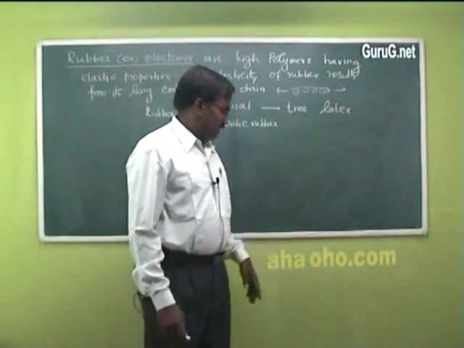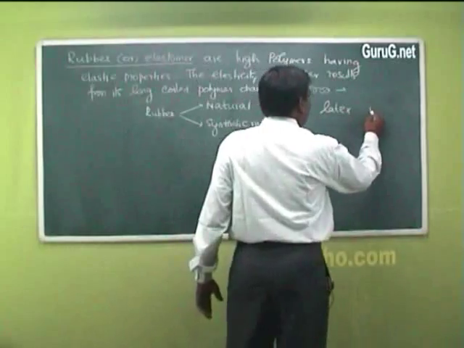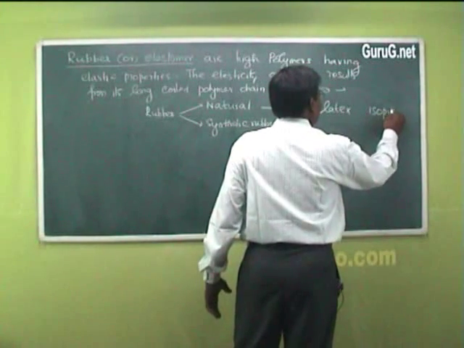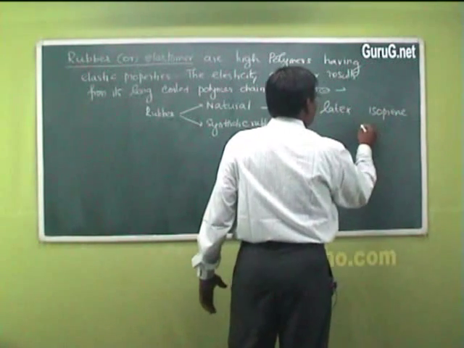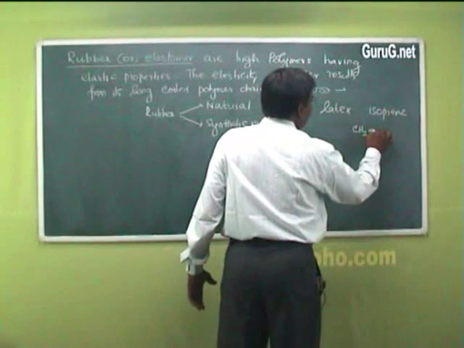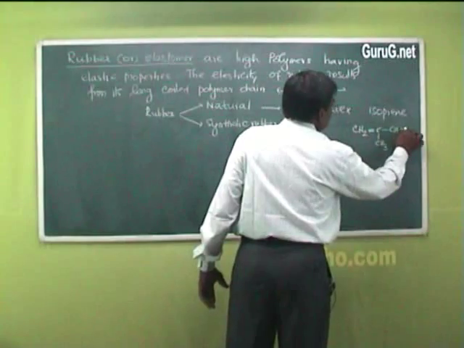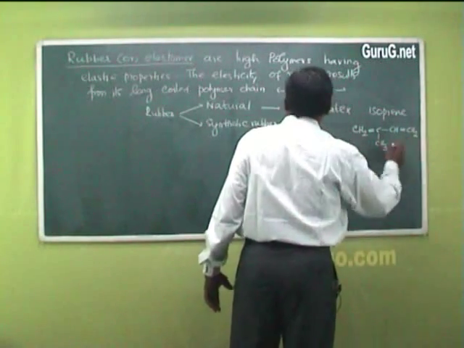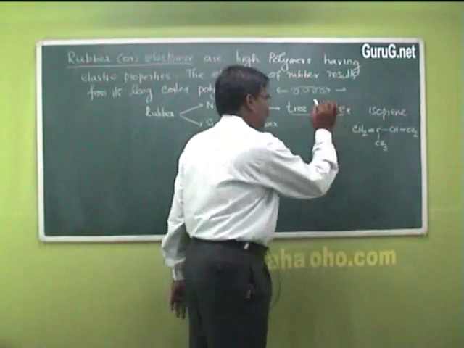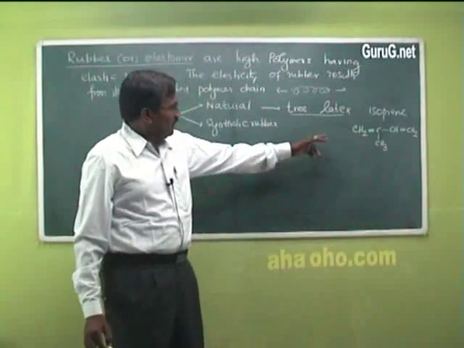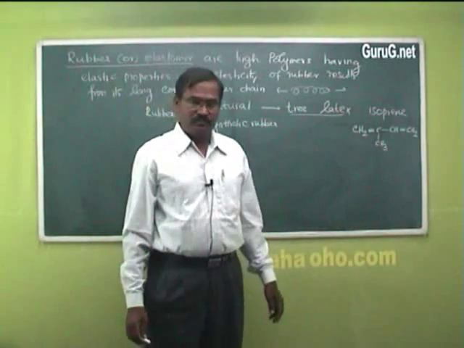The latex has a monomer, isoprene. This is the structure of isoprene. The latex we are getting from the tree is a dispersion of isoprene.